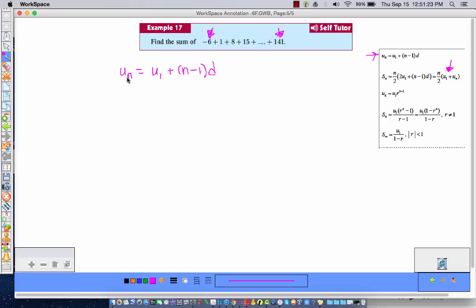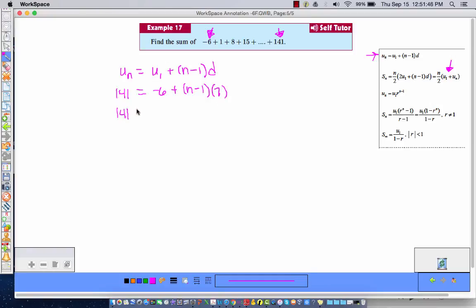I want to know what this last term number is, and I know it is equal to 141. I know the first term is equal to -6 plus n minus 1, and when I solve for n, I'll have this term number. It's the same n, and the common difference is 7.